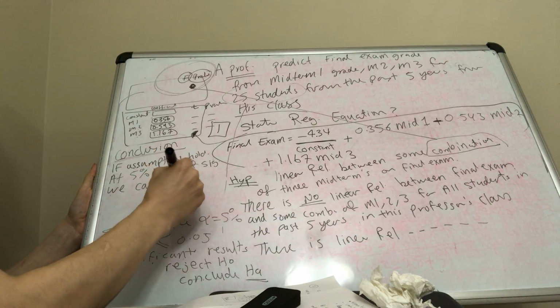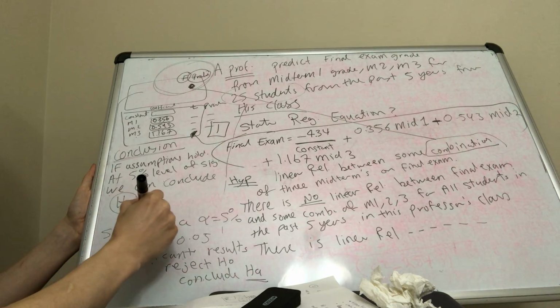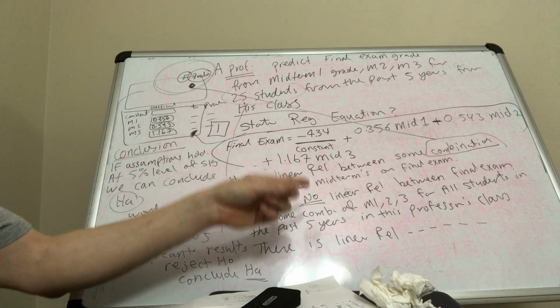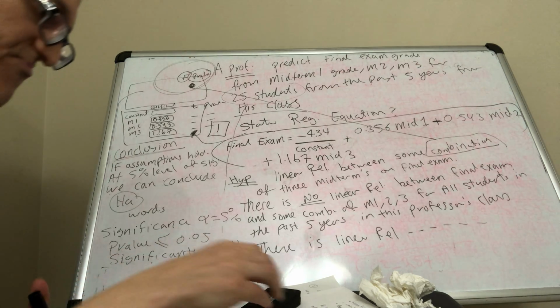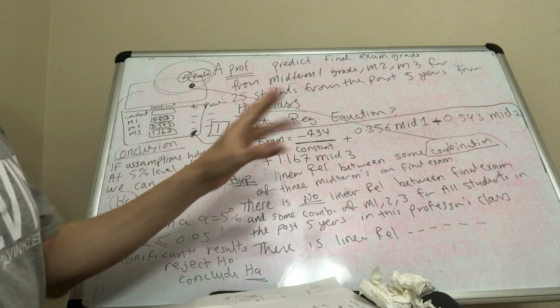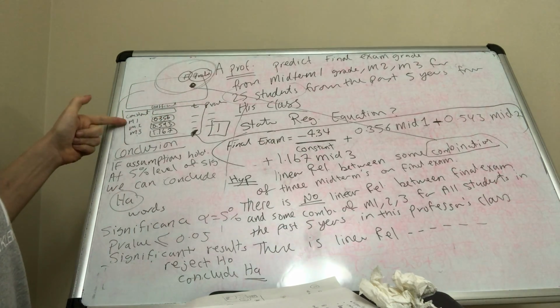We can conclude HA. But again, you say what HA is in words. We can conclude that there is a linear relationship between some combination of the 3 midterms on the final exam for all students in the past 5 years in this professor's class. Good? Once again, combination, the F table. They specify, you look here.